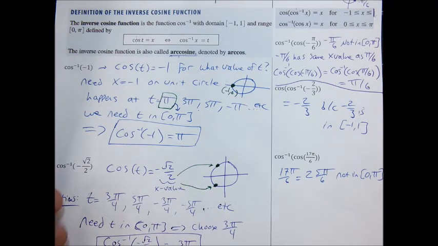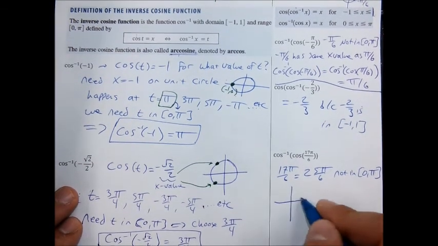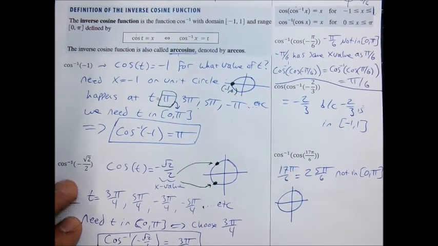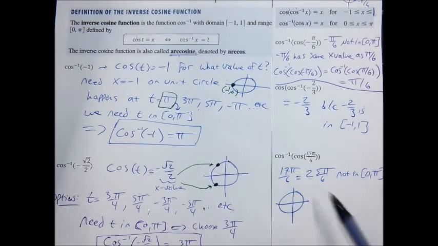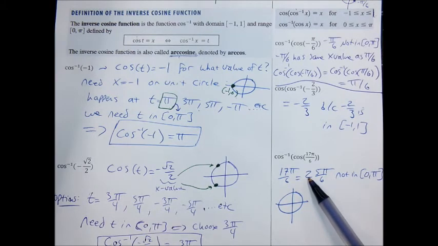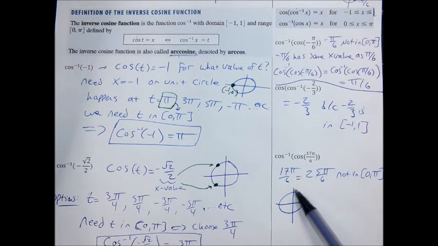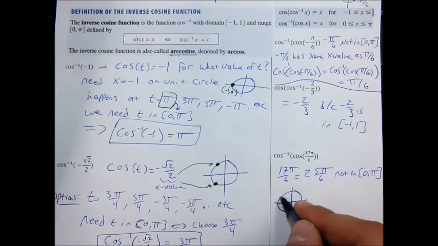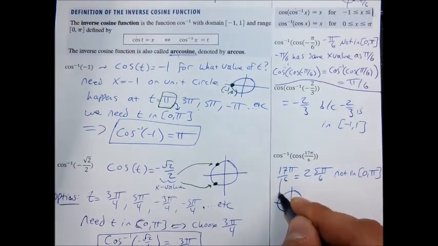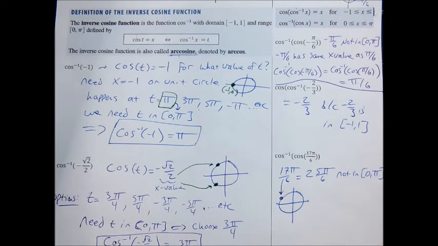But where is that on the unit circle? 2 and 5/6 pi. 2 pi is going around once, all the way around once, and then another 5/6 pi. So that would be going all the way around once, and then another 5/6 pi would put us right here. Does that make sense?